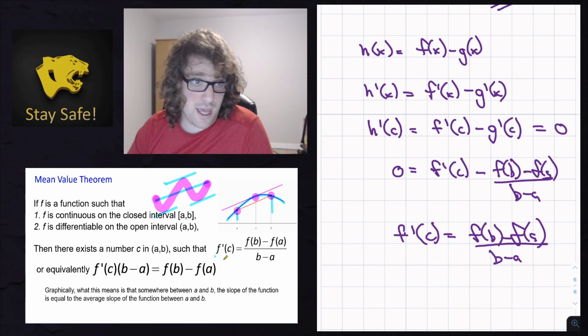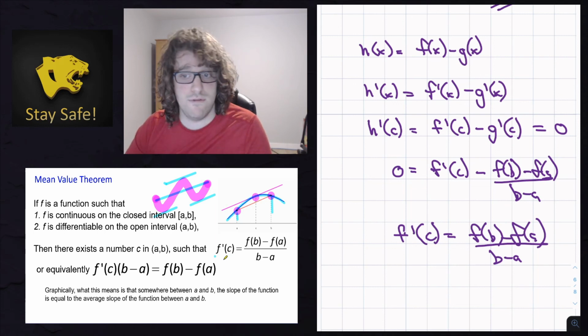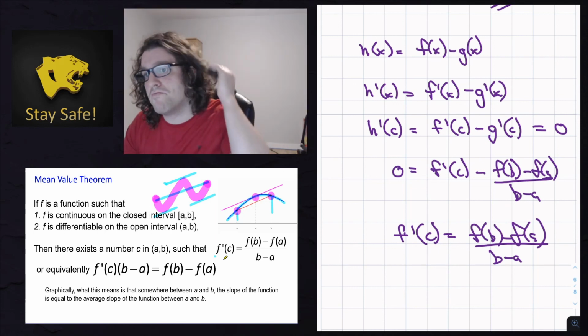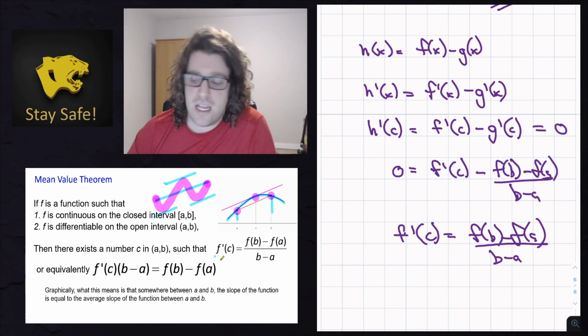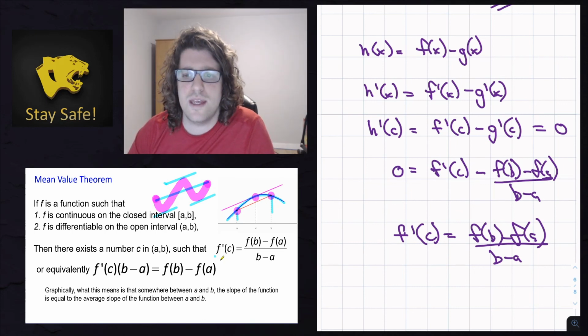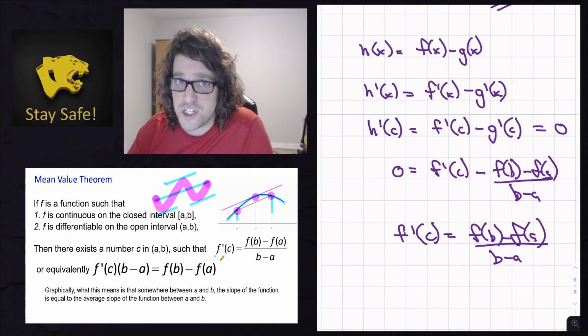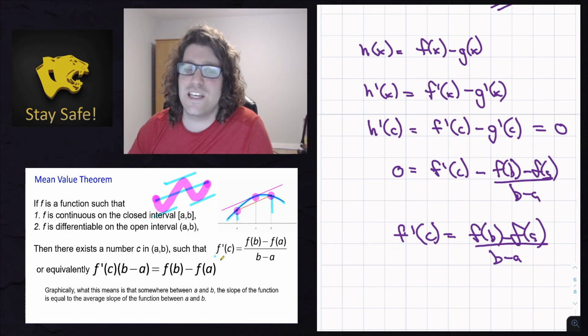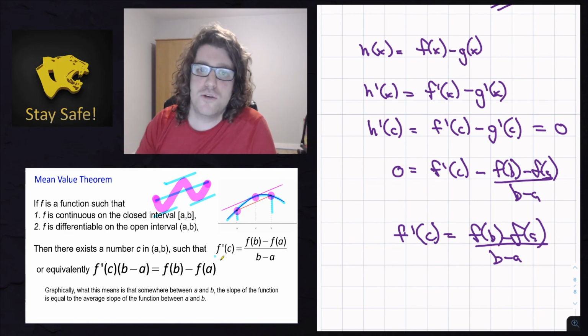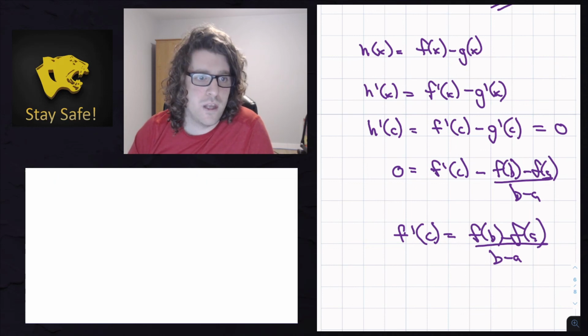So we can therefore use this idea of mean value theorem. It is very specific as well. It says that somewhere in between the endpoints, the instantaneous rate of change is equal to the average rate of change between your two endpoints.